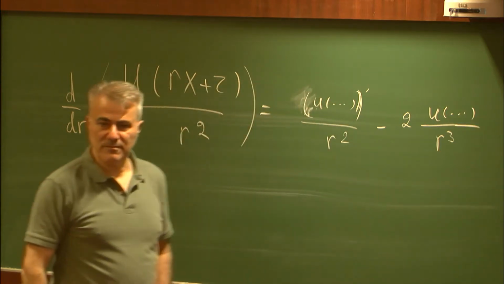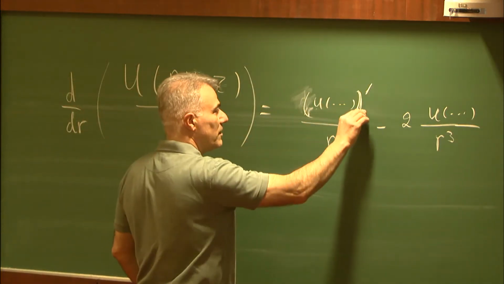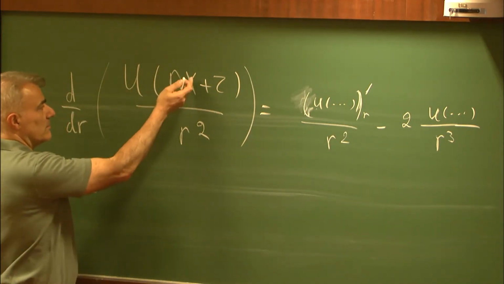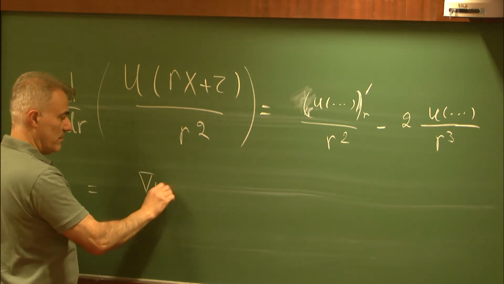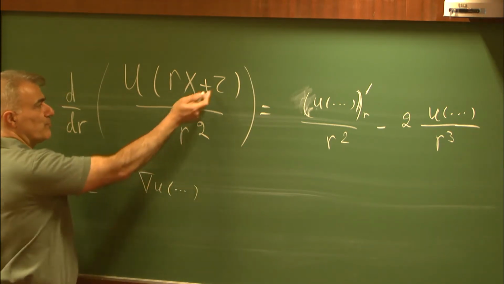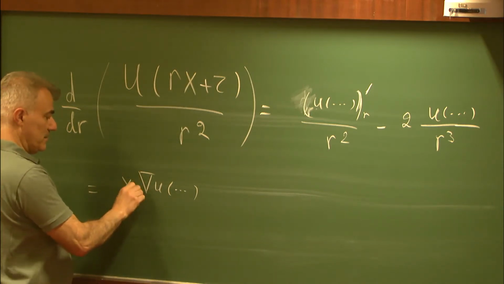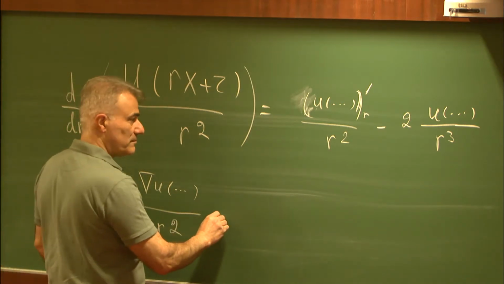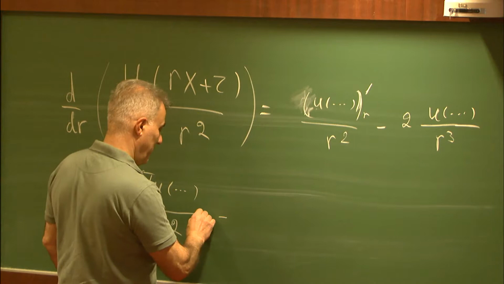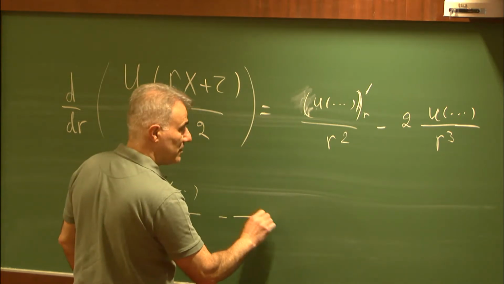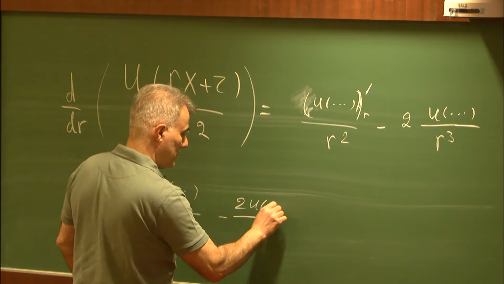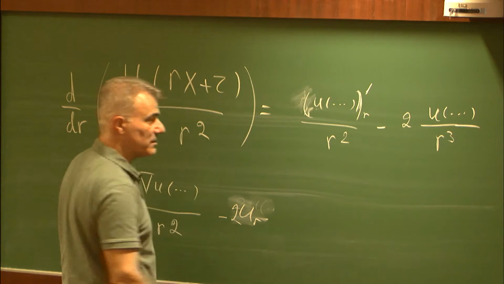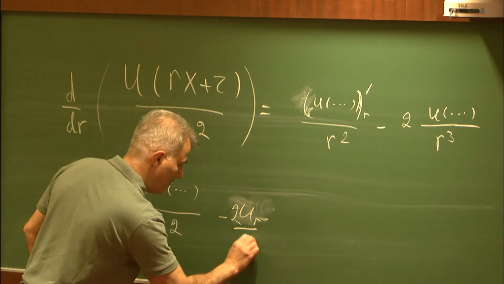That's it. So what is the derivative of this in r? It's got to be the gradient of u at the point, and then the derivative of this, that's going to be x basically, and then you got r to the power 2, minus, let me write it like this, minus 2 times u divided by r.